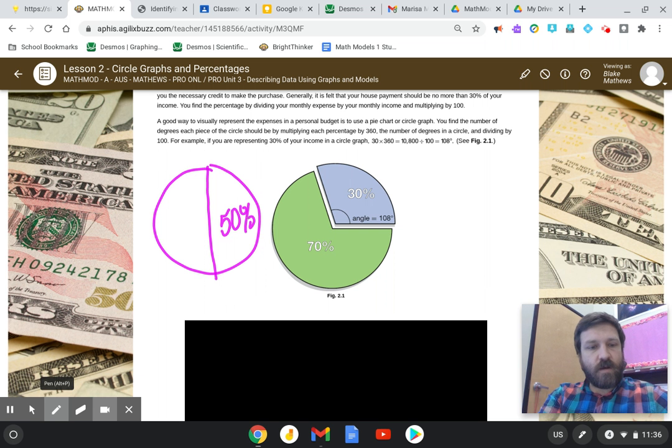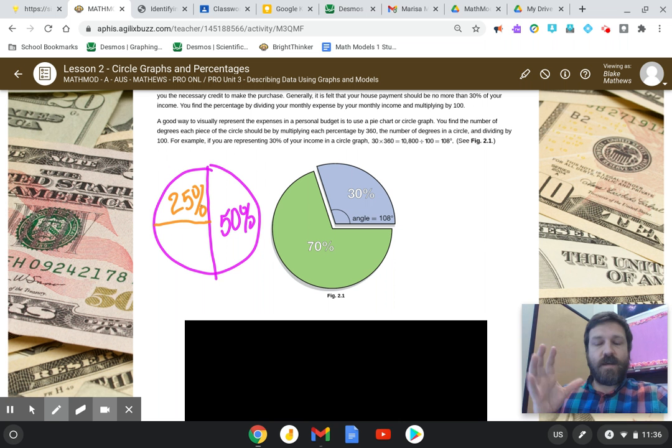We also want to know that if we then cut that in half, we're dealing with about 25%. Those general rules or ideas about what is half or 50% or 25% of the circle will help you get the answer most of the way.